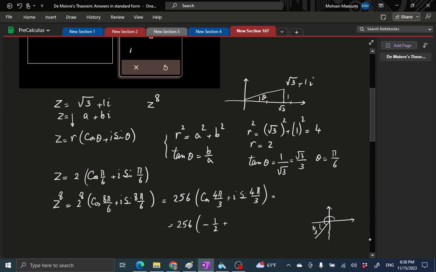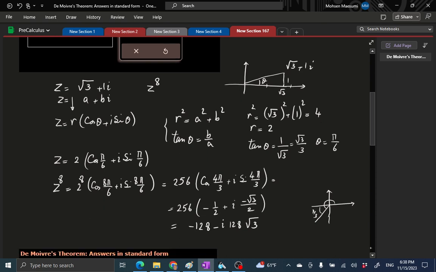How about this one? i times sine of it is minus radical 3 over 2. Multiplying, I get minus 128, and this one also becomes minus i times 128 radical 3. So all this work told us that if I take radical 3 plus i, raise it to the power of 8, I get minus 128 minus i times 128 radical 3.